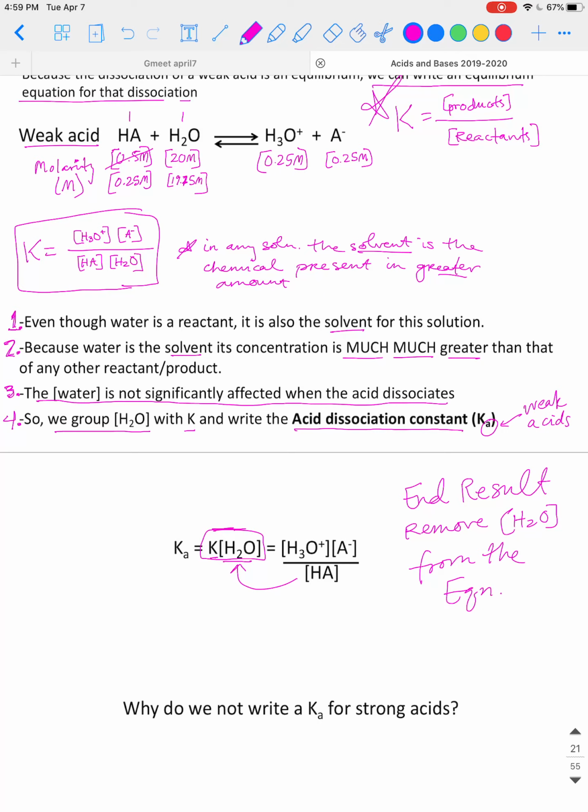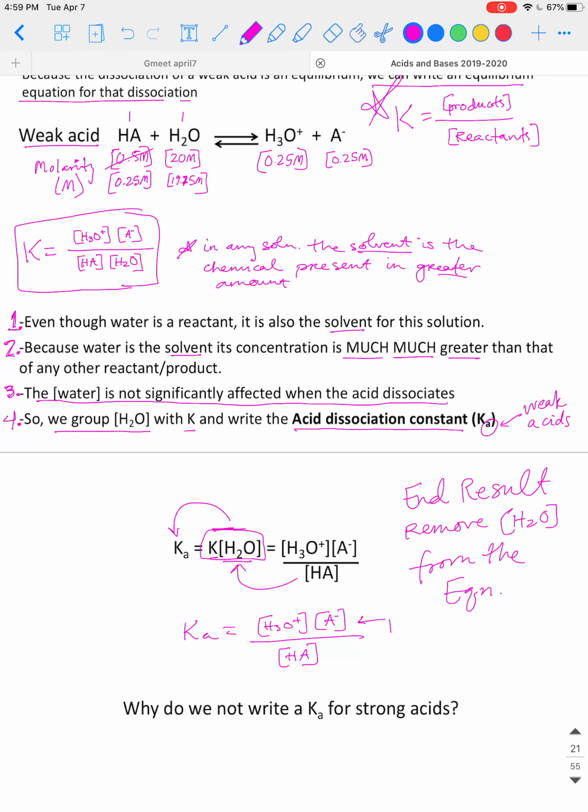We don't put it in. And we call this K times the concentration of water, Ka. So what we get is that Ka equals the products, concentration of H3O plus times concentration of A minus, divided by the concentration of the acid, HA.